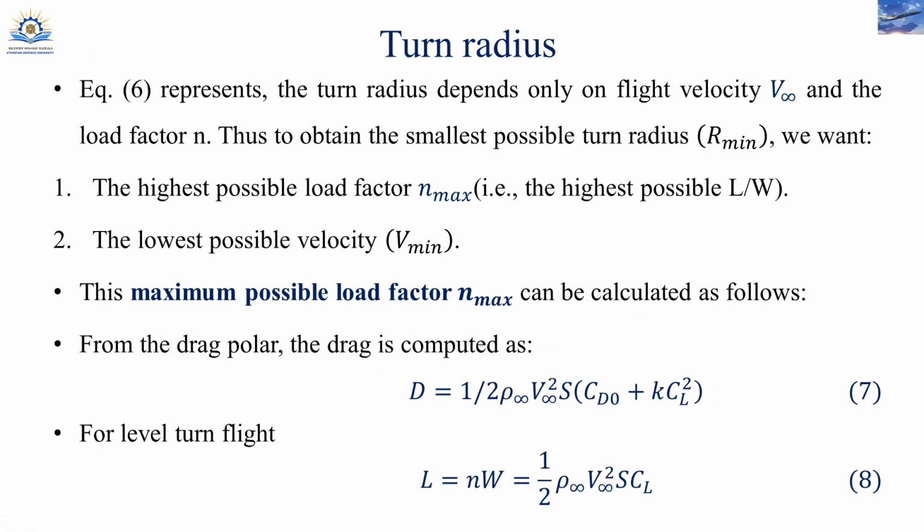But now L is equal to N times W, because N is equal to L over W. So the lift equation, half rho V square S CL, gives N W equal to half rho V square S CL. This is the new equation for accelerated flight condition.